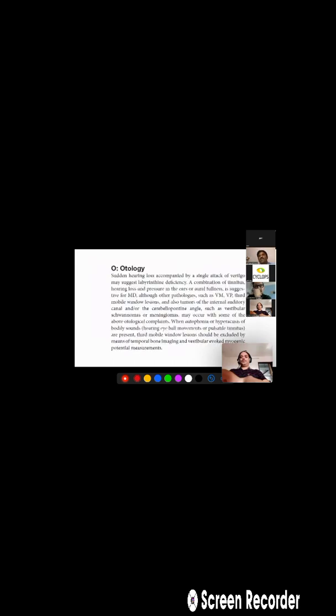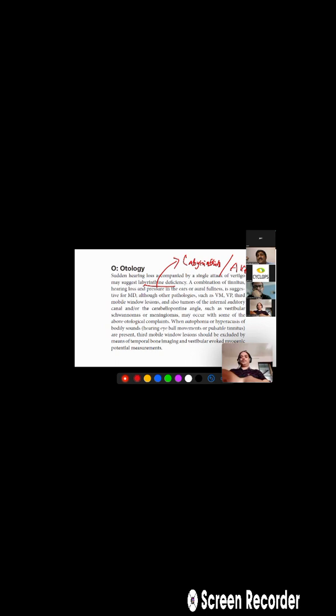Otology means we need to ask the history related to the other otological symptoms. If there is hearing loss and vertigo, then it goes in favor of labyrinthine deficiency, and this can be because of labyrinthitis, or it can be because of an AICA stroke.